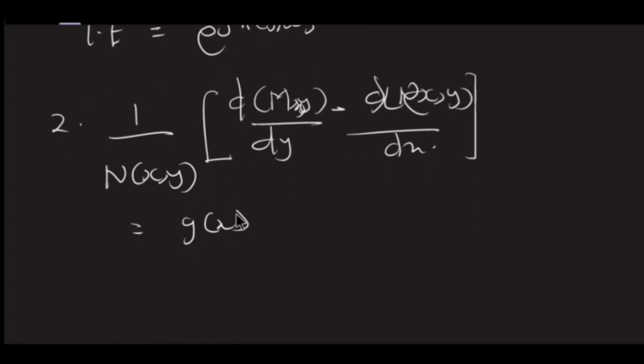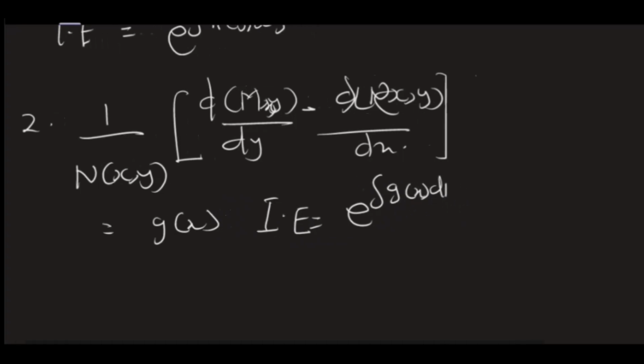So once you get a function g of x, then our integrating factor becomes e to the power integral of g of x dx. Once you have our integrating factor, to convert it from non-exact to exact, what we need to do is multiply through our equation by the integrating factor. Then our equation will be an exact equation.